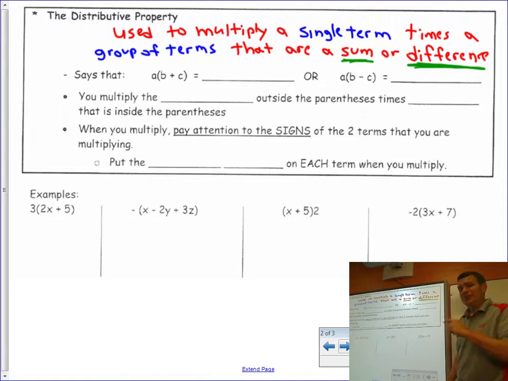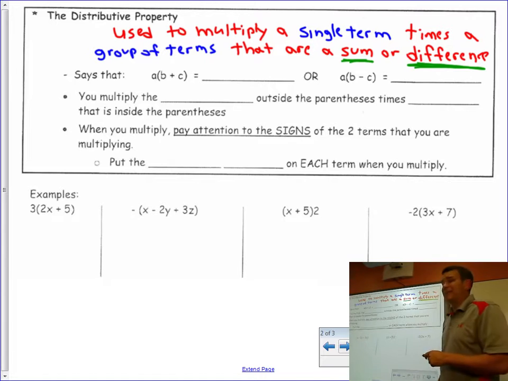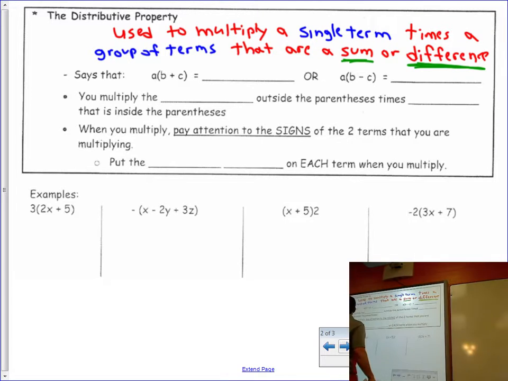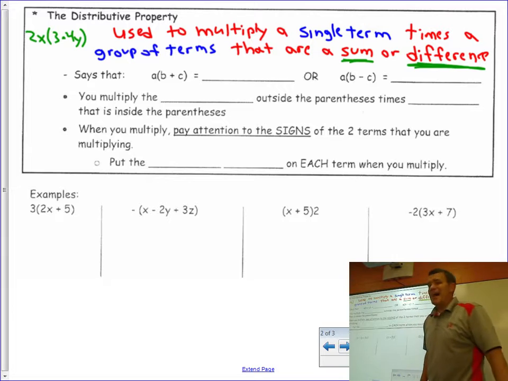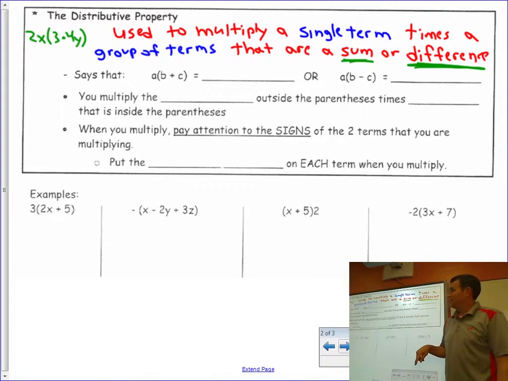What you would not use it for is if you had something like this. You would not use the distributive property to multiply 2x times 3 times 4y. I'll get back to that in a second.